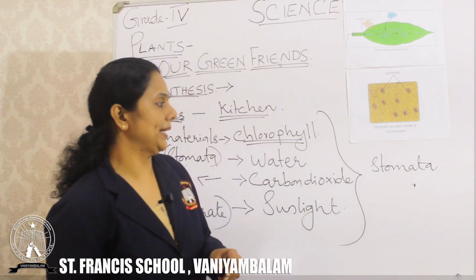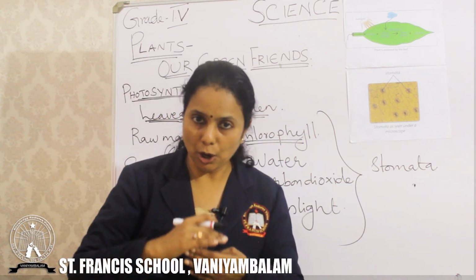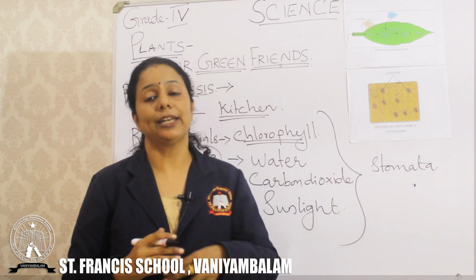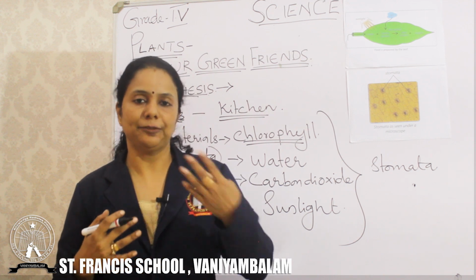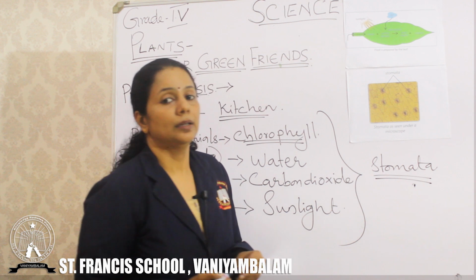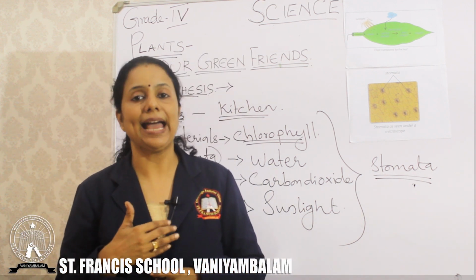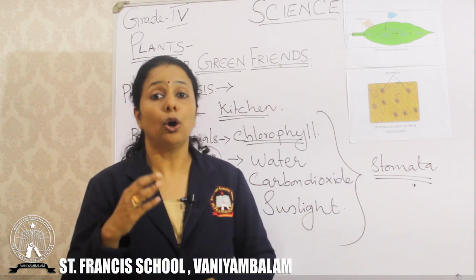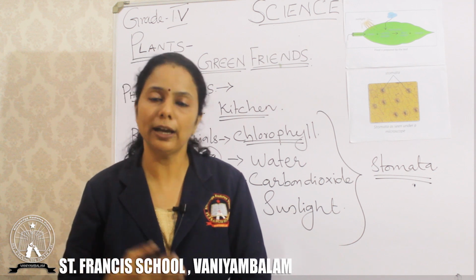So, through stomata, carbon dioxide is absorbed into the leaves and oxygen goes out to the atmosphere. So, these small pores help leaves to take in carbon dioxide, and through these stomata, oxygen which is produced during photosynthesis goes out into the atmosphere.